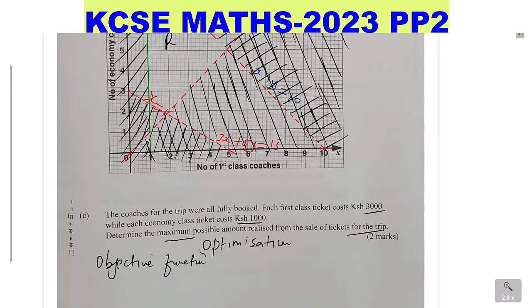Where do we get the objective function? From the information given. Each first class ticket cost 3,000 shillings. Remember, the number of coaches for first class was represented by x. And each first class coach was carrying how many passengers? Go back there.